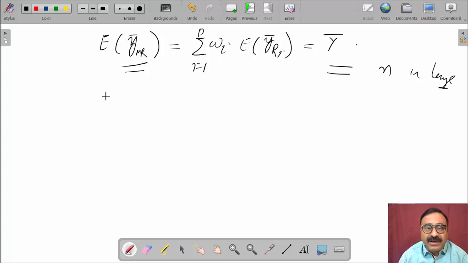Now we have to find the large sample variance of the multivariate ratio estimator y-mr bar.